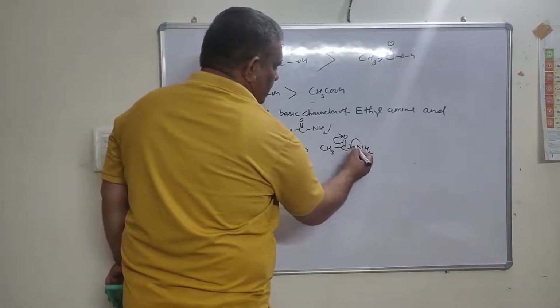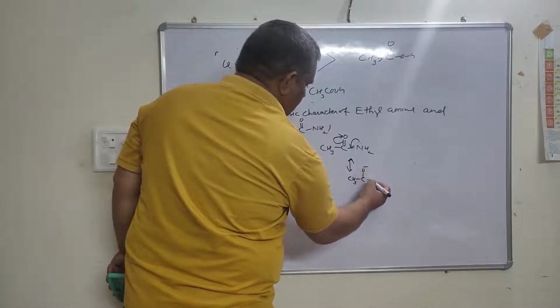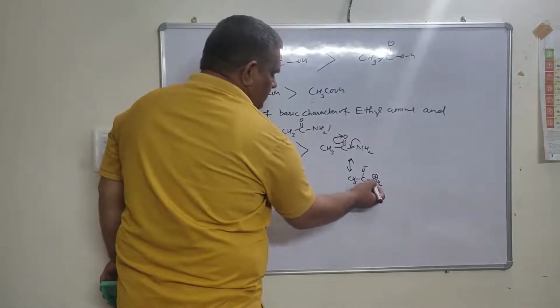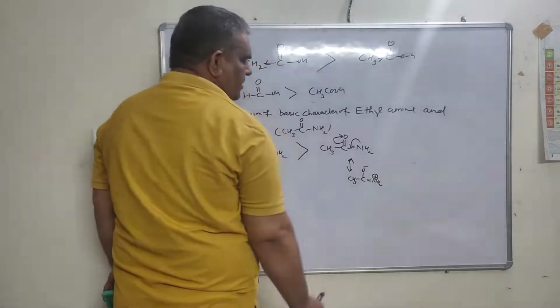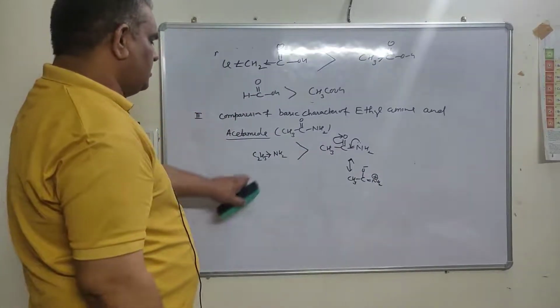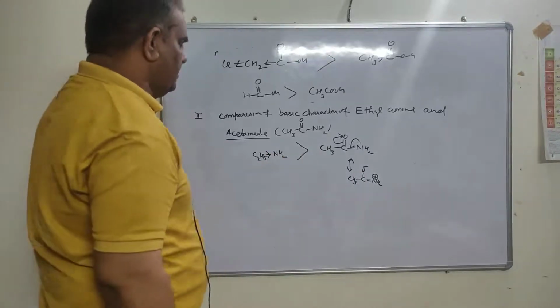As a result, the electron density around the nitrogen decreases and the basic character decreases. So ethylamine is more basic than acetamide.